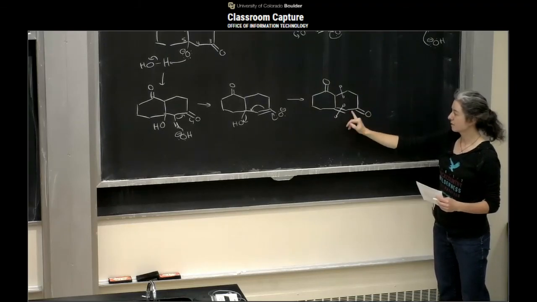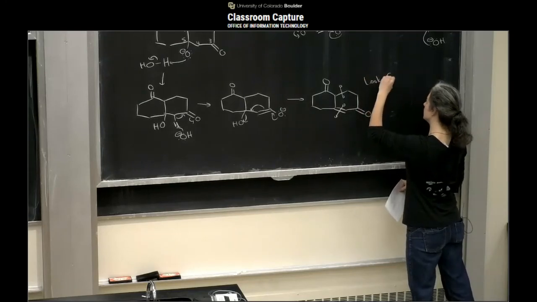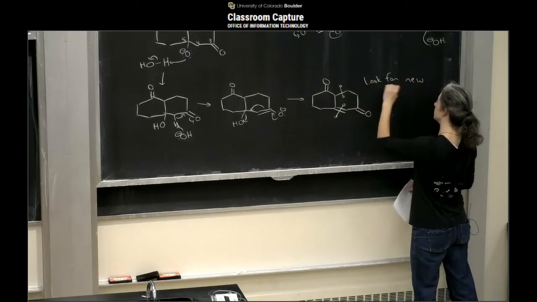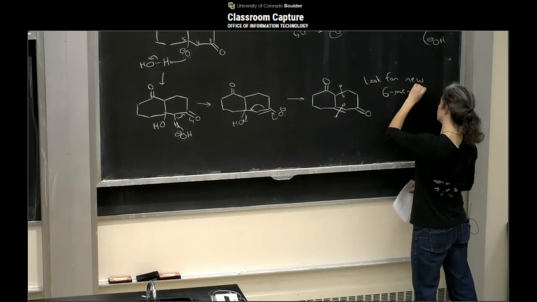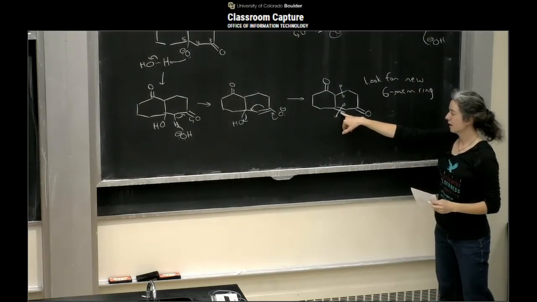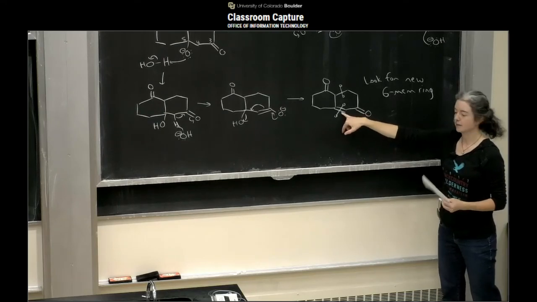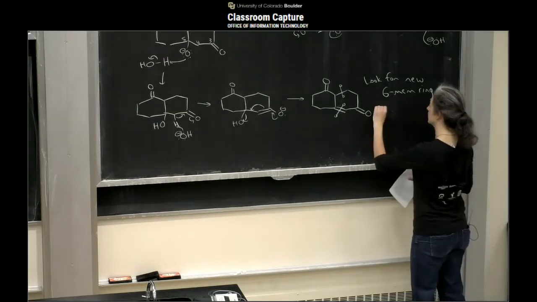So basically, if you're working backwards, look for a new 6-membered ring with a conjugated alkene, or an alkene that's conjugated to a carbonyl, as one of the disconnects at where the ring formed.